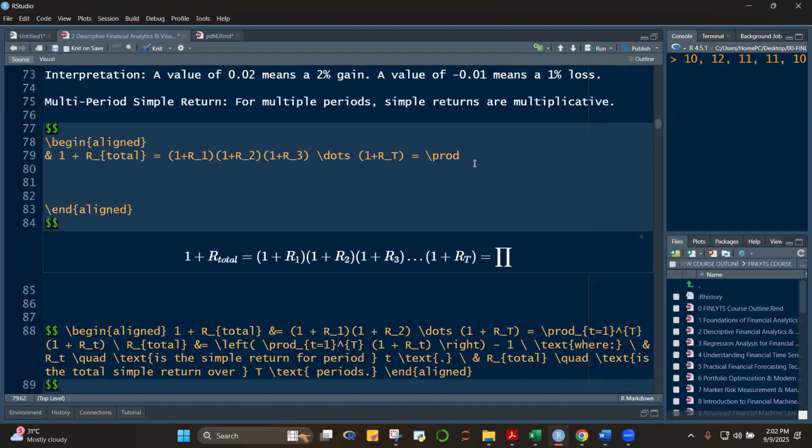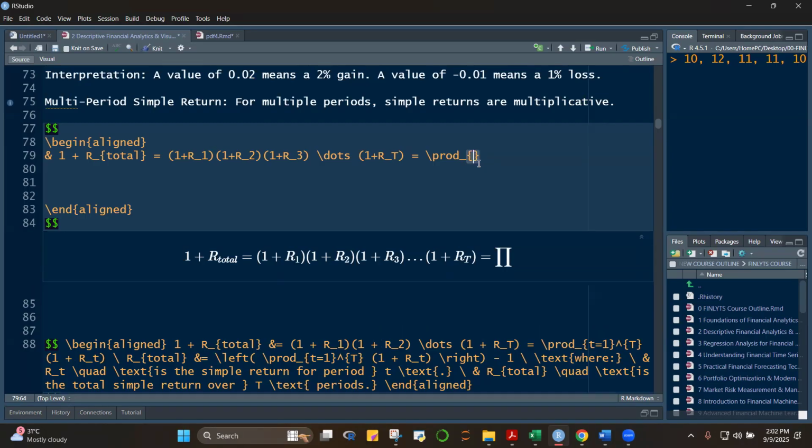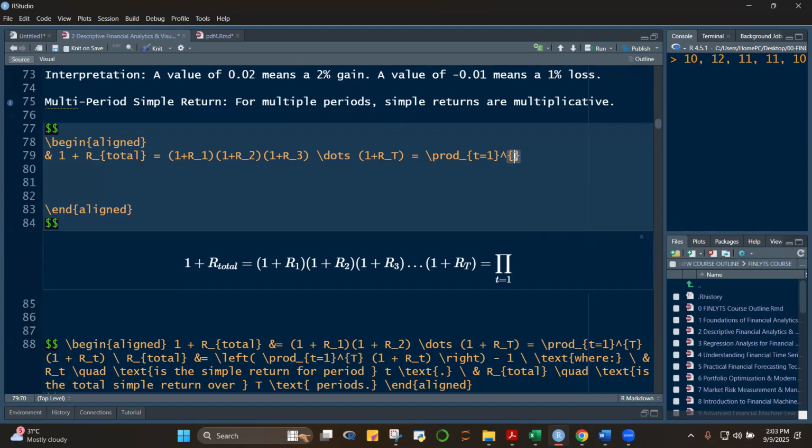So how do you do that? Product, start with this one. This is from the start. Underscore t is equal to 1. Take a look, class. Until caret, class. Caret what? Until period t.